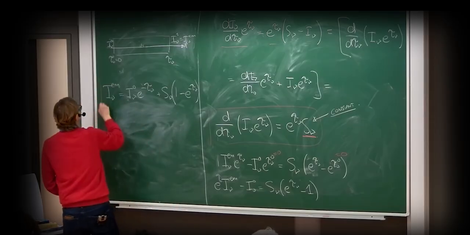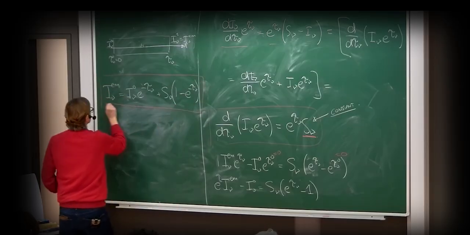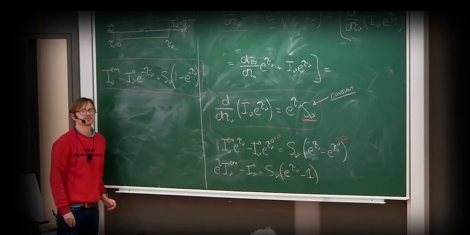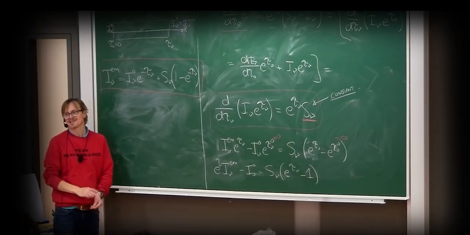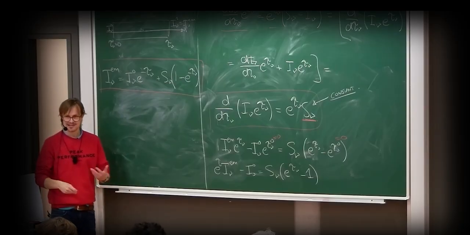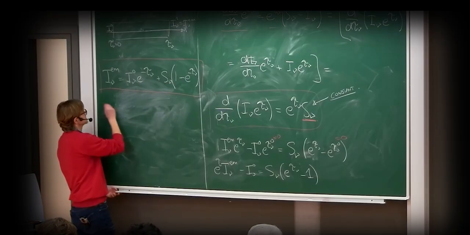Now, this is a solution to the transfer equation that you will encounter in many of your astronomy classes, because it's the simplest case that can be solved analytically, and it can be used to discuss a lot of insights.